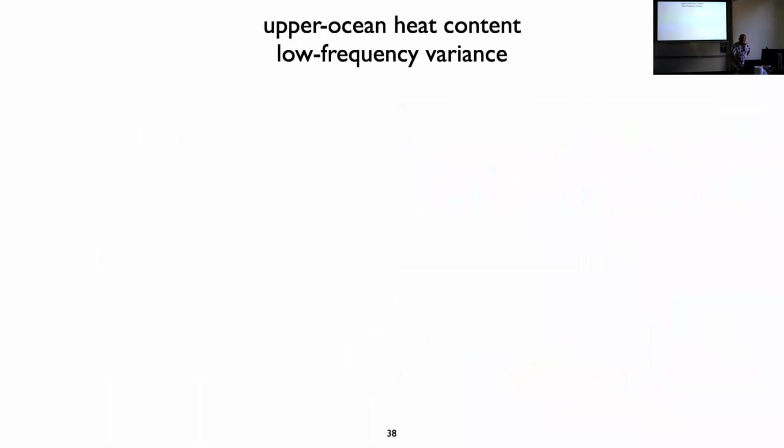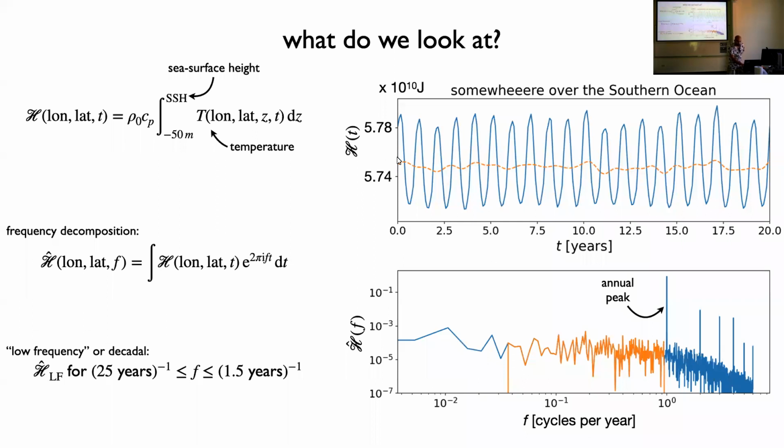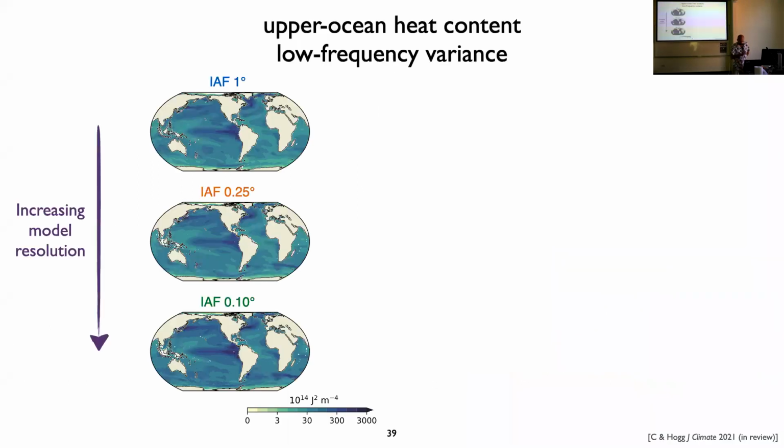But let's see first how much we get at every latitude, longitude point, and we measure the variance of this orange signal, the signal of the upper ocean heat content that varies at decadal timescales.